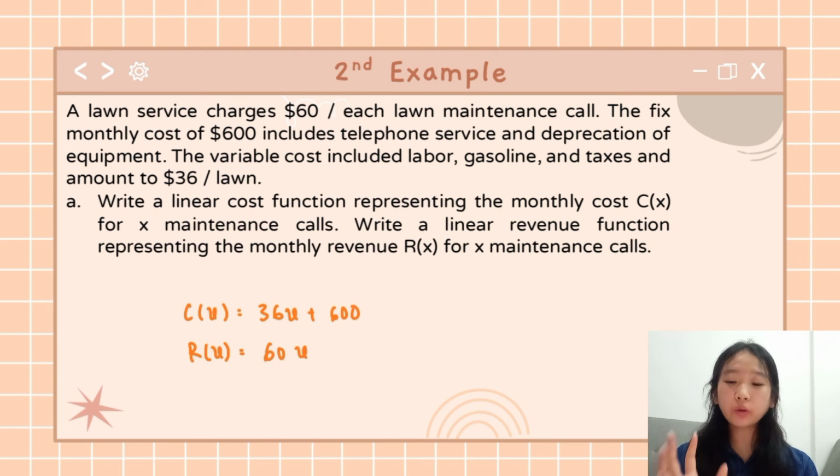And for the revenue, R of X equals 60X. The 60 comes from the price per unit, and X is the number of units that we still don't know.